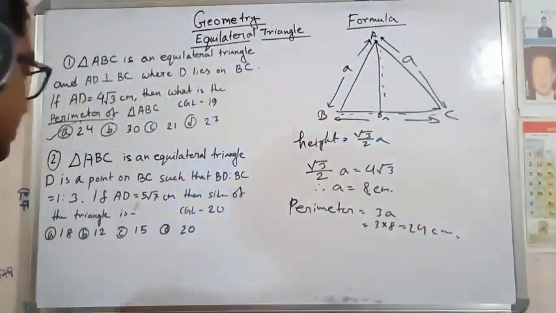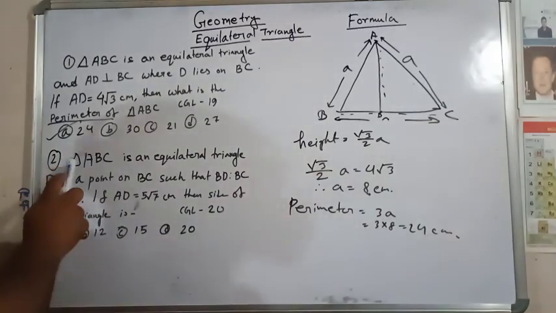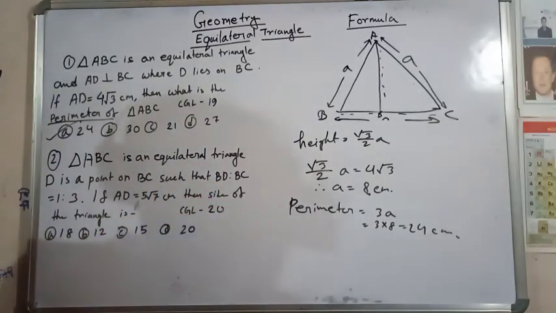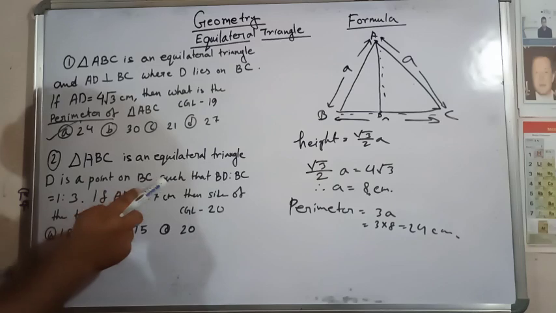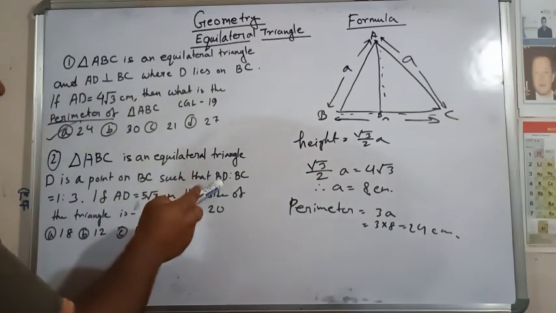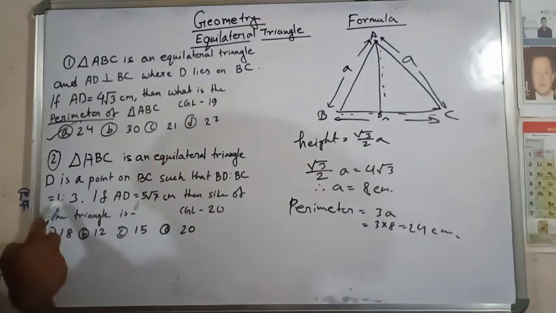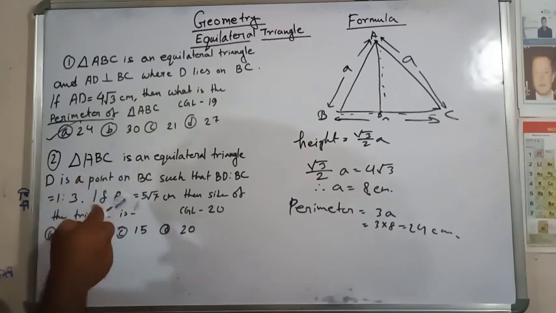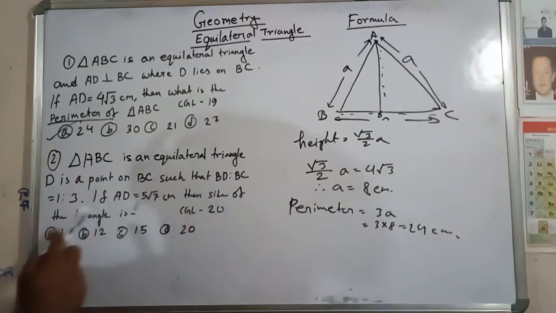And the next question says that triangle ABC is an equilateral triangle. D is a point on BC such that BD to BC is 1 is to 3. If AD is equal to 5 root 7, then what is the side of the triangle?